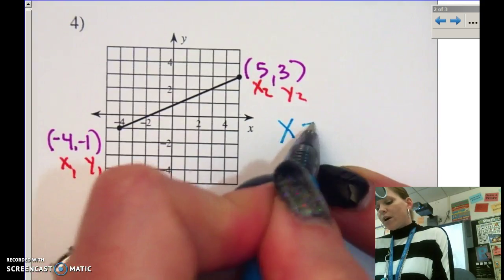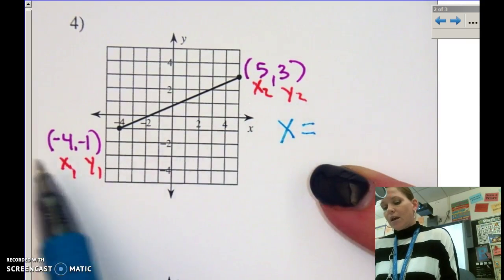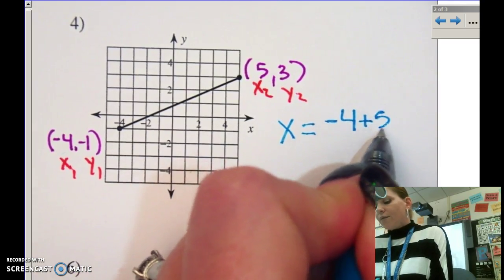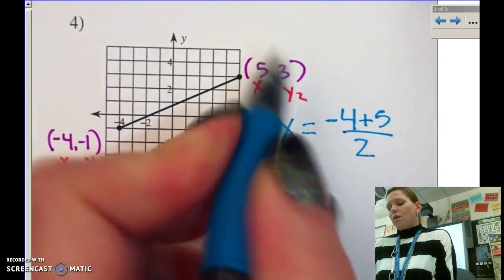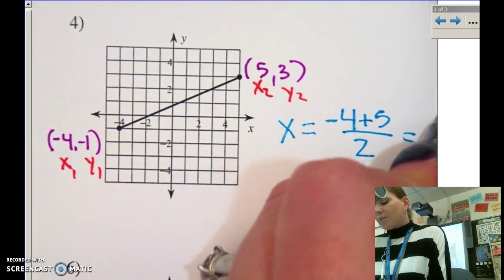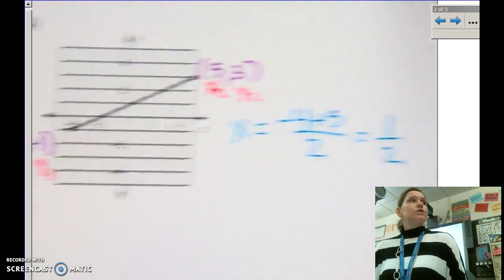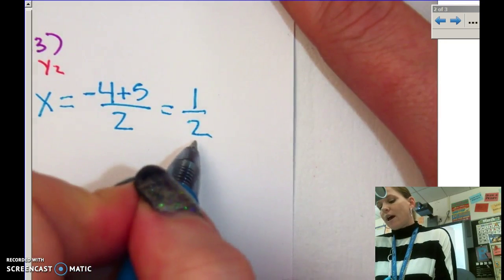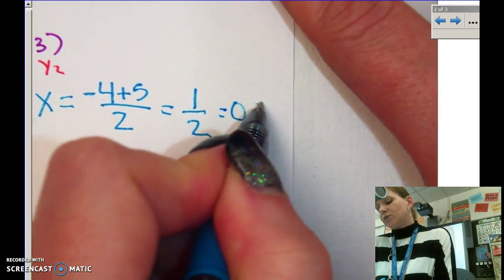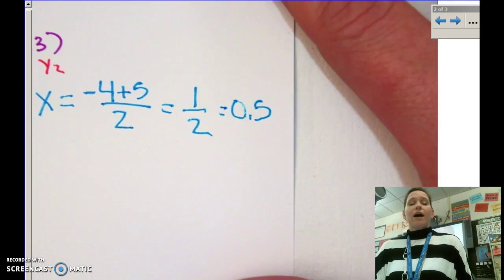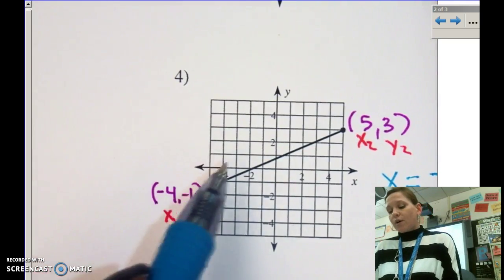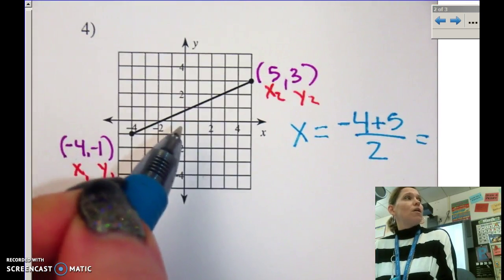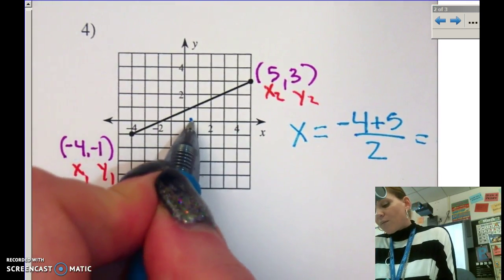We're going to take -4 plus 5 and divide it by 2. -4 plus 5 is a positive 1, over 2. So the x value of the midpoint is 1/2, which simplifies to 0.5 if you need the decimal. On this graph, 0.5 is right about here.